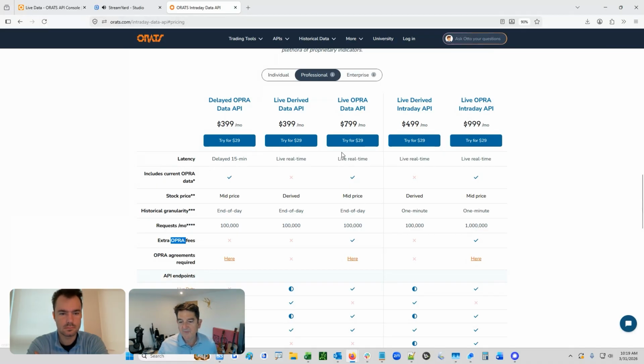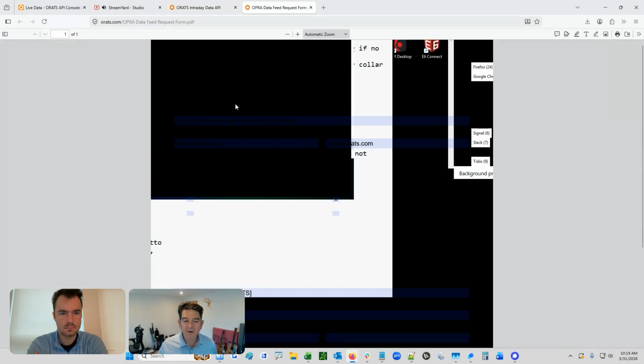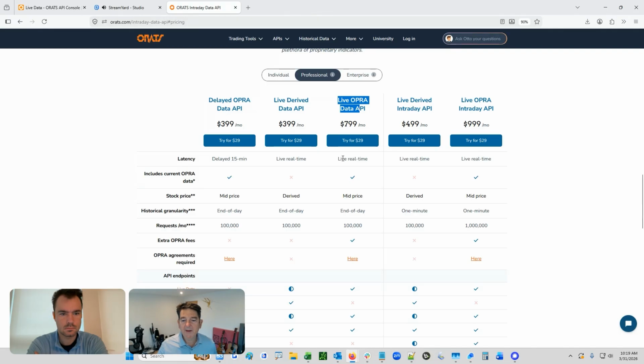And then if you did want OPRA, you'd click on here, fill out that PDF, and submit it to OPRA. This is a good way to test and develop for startups, as you say, and also as you're growing your business, it's a good way to start off. So that's the derived fee.